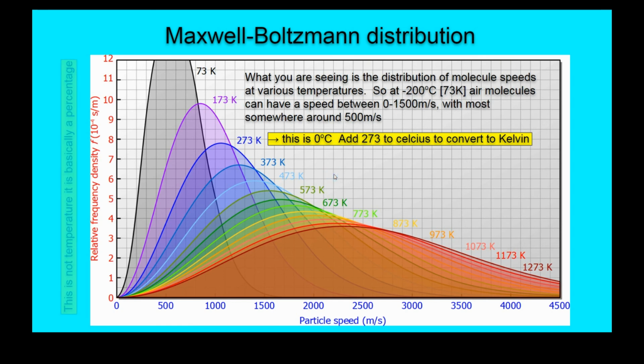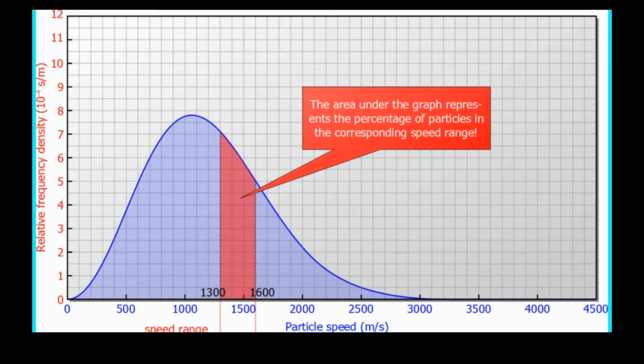I see you shiver with anticipation. In a substance. If you take the area under the graph, that will tell you the total number as a percentage that you will find between that speed range of 1300 to 1600.